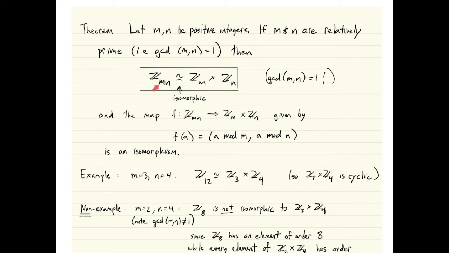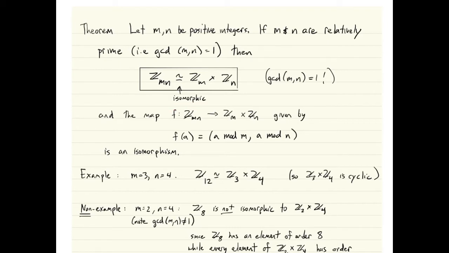So what this is saying is that these two different groups, on the one hand Z mod mn, which consists of the numbers 0, 1, 2, 3, all the way up to mn minus 1, from the perspective of a group theorist, someone who studies groups, is the same as the group Zm times Zn, which consists of ordered pairs. So it looks completely different at first glance, but from the point of view of a group theorist, they're actually the same, or isomorphic is the technical term.